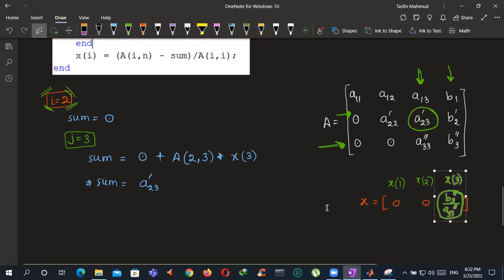I can write it simply as x3 because it will be easier to understand. This is the x3 value, the third parameter.